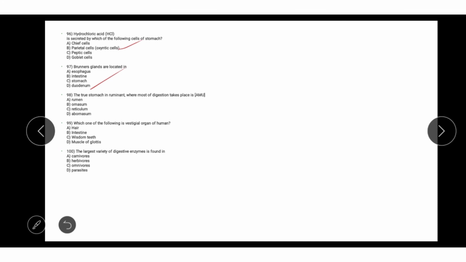The true stomach in ruminant, where most of the digestion takes place, is abomasum. Which of the following is a vestigial organ of human? Wisdom teeth. The largest variety of digestive enzymes is found in omnivores.